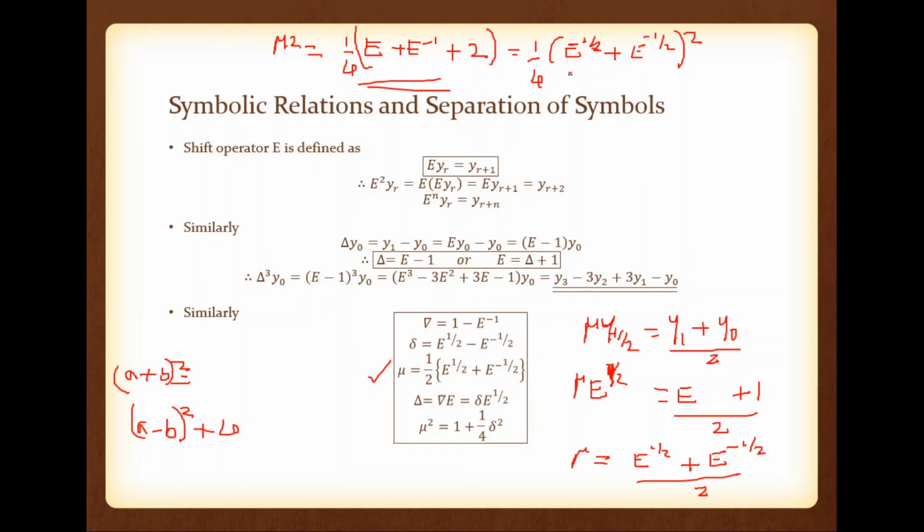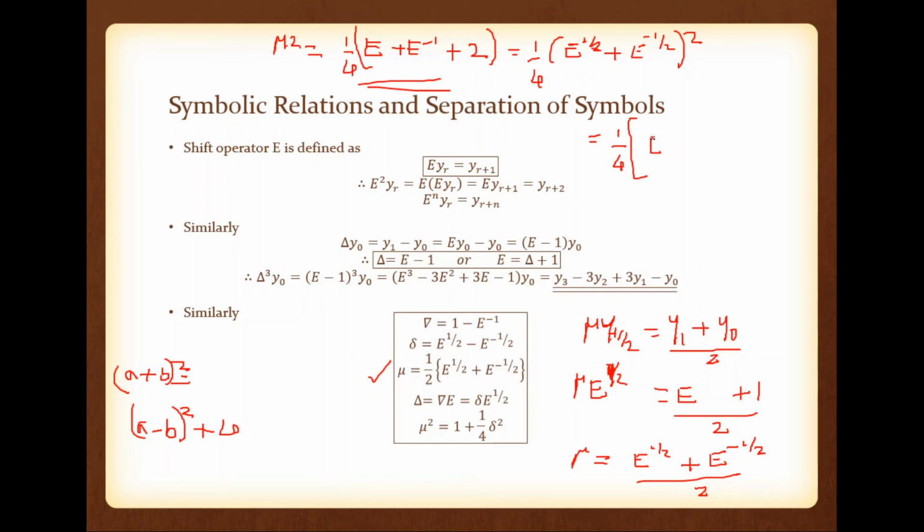So here this term is a, this term is b. So a plus b square is this one, a plus b whole square. So I told you we can write it as a minus b whole square plus 4. So how can we expand this one? We can write this one is equal to 1 by 4 into, now what is a minus b? What is a? e raised to 1 by 2.